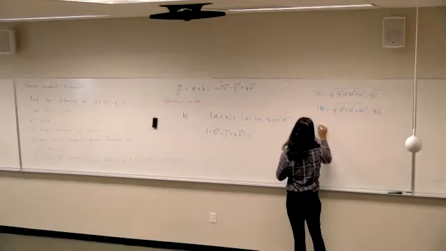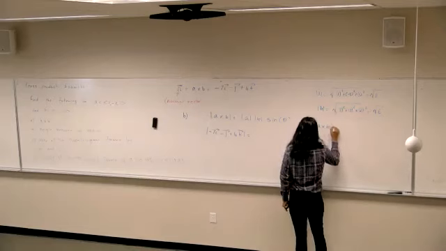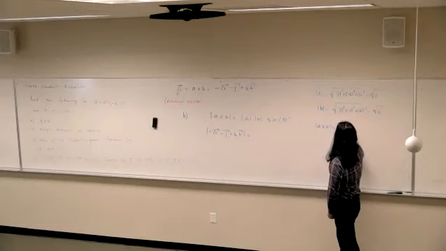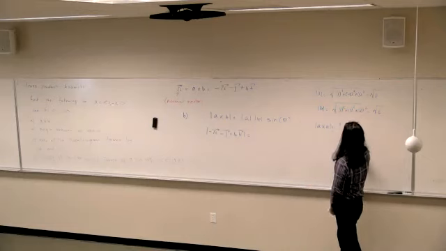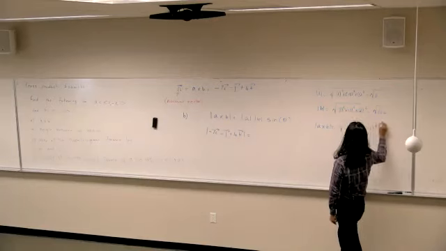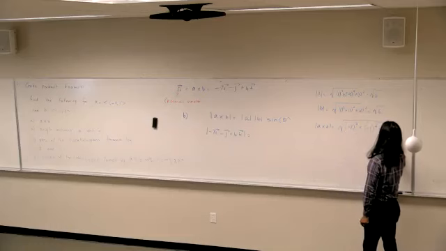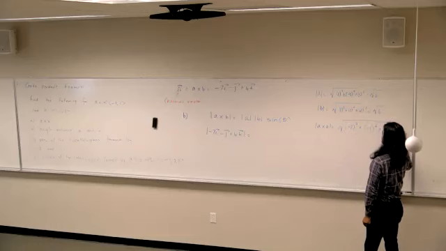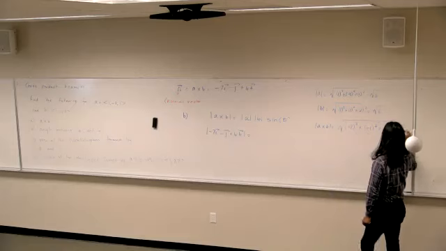Next, magnitude of A cross B: negative 7 squared plus negative 1 squared plus 4 squared, square root of 66.